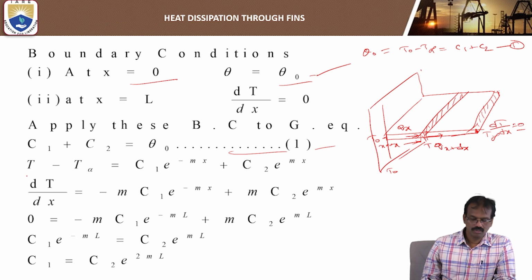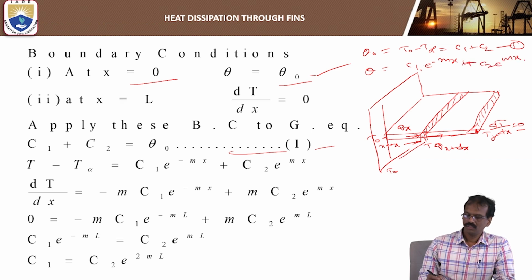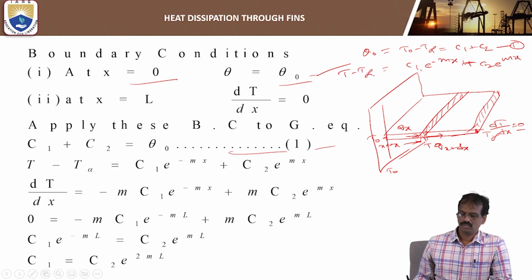So next, apply the second boundary condition. You know the formula. The general equation is theta is equal to C1 e to the power of minus mx plus C2 into e to the power of mx. Theta is nothing but T minus T infinity, the temperature at x distance minus the ambient temperature.